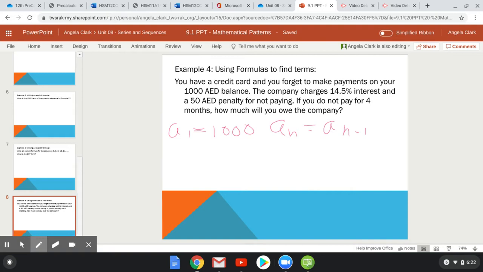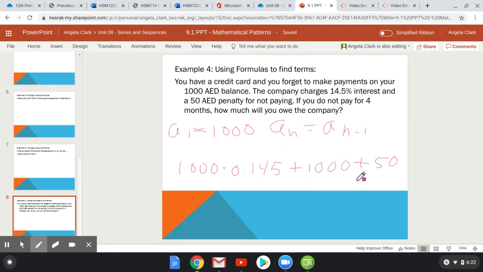Well, if I wanted to just find what the next month would be, right, I would take 1,000, I would multiply that by my percentage to find my interest, and then I would add the original amount on. So I would get the interest plus the original amount. That would give me my new balance plus 50, right? Because I have to add that 50 dirham penalty fee.